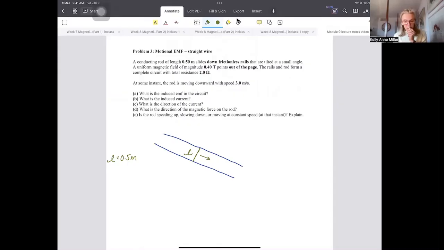And we're told that there is a uniform magnetic field of 0.4 Tesla pointing out of the page. So let's draw that. I'll draw that in red. There's this magnetic field that's pointing out of the page like this.